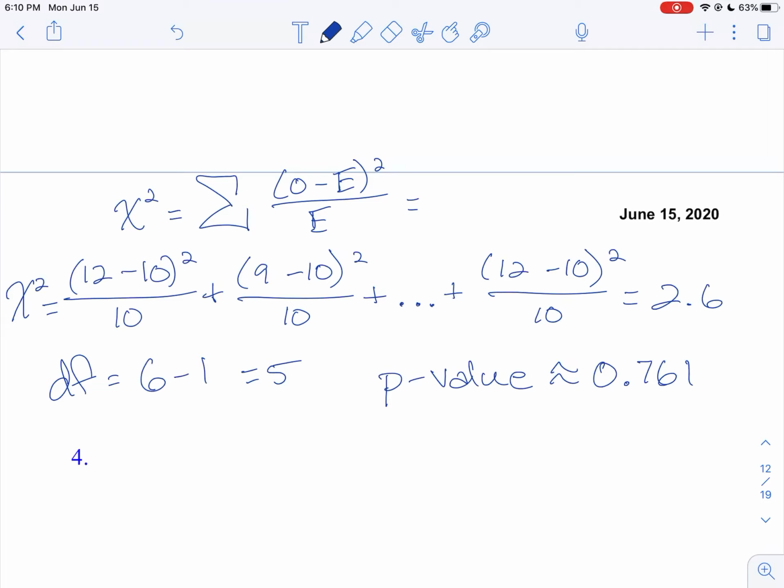I could also put all of these into my calculator by hand, just in case you wanted to check it.